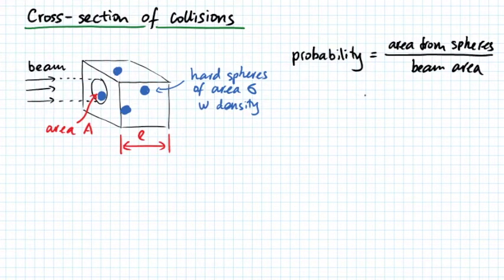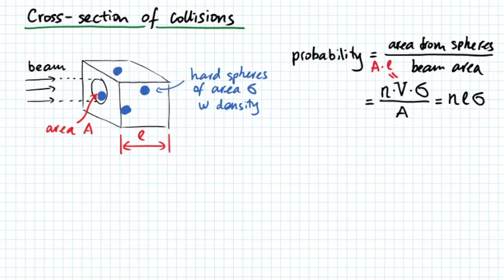The area covered by the spheres will simply be given by the density of the spheres times the volume of the target times the cross-section of each sphere, divided by the beam area A. Obviously, the volume is simply area times the thickness of the target, which gives us the following expression for the probability: density n times thickness of the target times the area of each sphere, sigma.